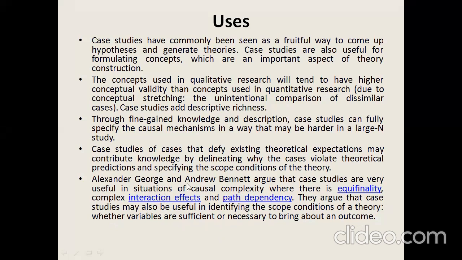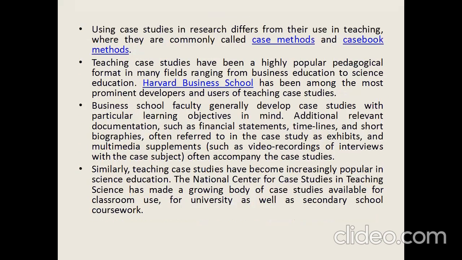So these two people told us that where there is equifinality, complex interaction effect and path dependency, we can implement this case study. So we can go for this kind of case study, they suggested.